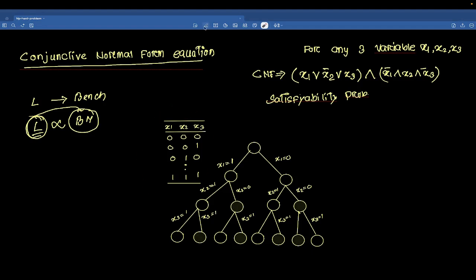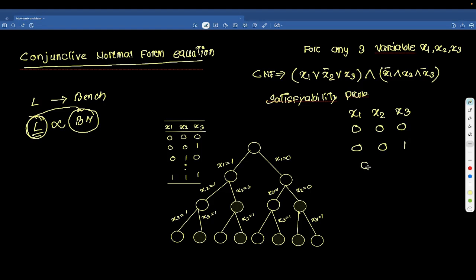So this is the problem, and in order to solve it, let's say we use the brute force method first. We put all the possible values of x1, x2, and x3: 0 0 0, 0 0 1, 0 1 0, 0 1 1, and till 1 1 1. To solve this problem, we have to examine each of these values by putting it in the given equation.